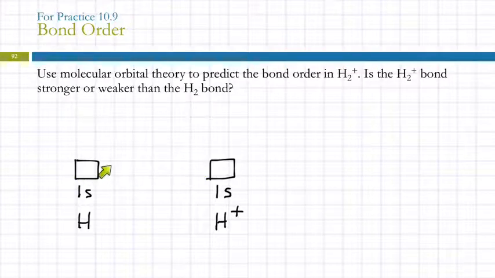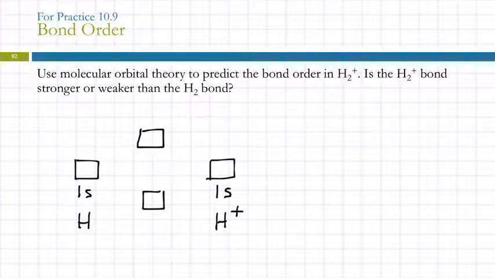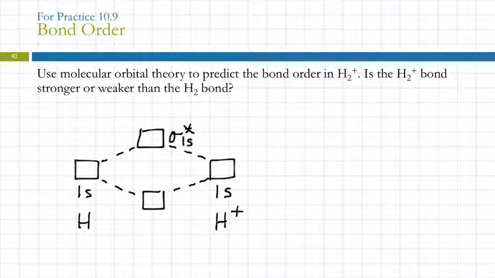And then we look at the combination of these 2 orbitals, and they're going to make 1 bonding orbital and 1 anti-bonding orbital. And we often draw these dashed lines to show what original orbitals those came from. So this is called sigma star 1s. This is called sigma 1s.